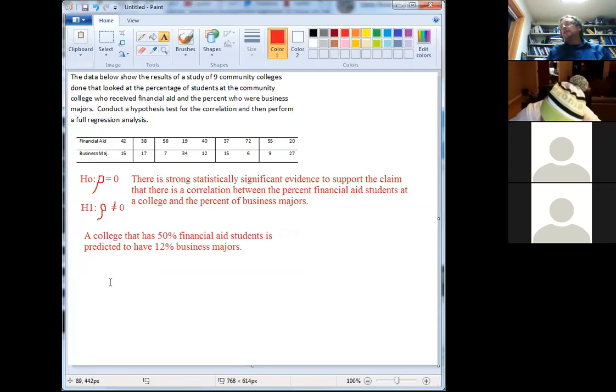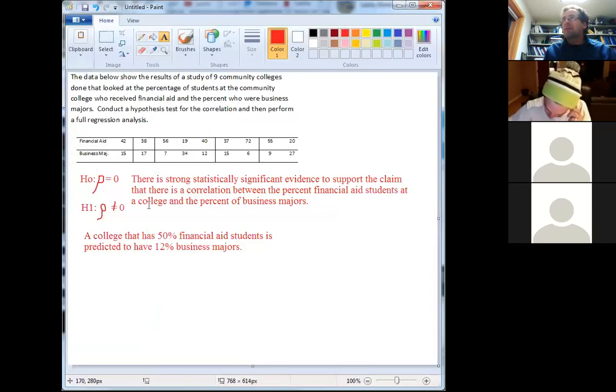Any questions on that? So I just thought, let's use a prediction, and you can use the regression line to make a prediction. Notice that 50% is not very far from the data values. We have a data value of 55, another of 56, we have one of 40, and one of 42. So it's not unreasonable to use a line to predict for 50% because it's not far from the data values.